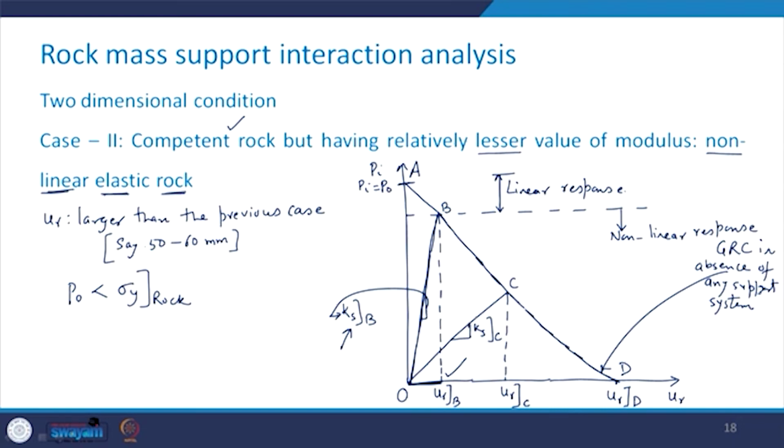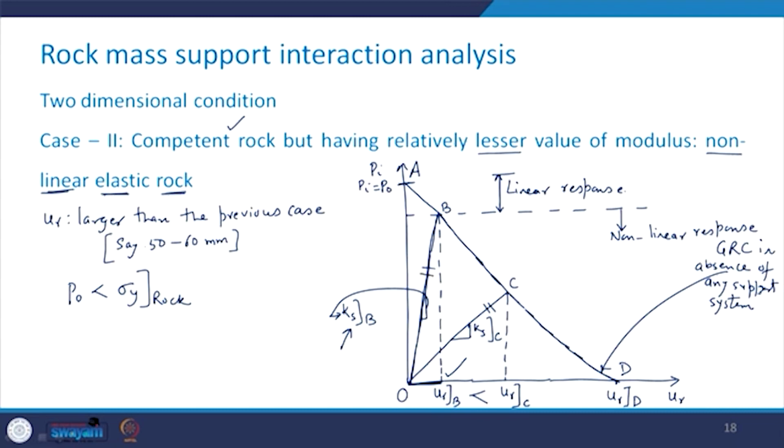As you keep increasing the permissible value of the deformation, like here in this case, you see that Ur at C is more than Ur at B. And you can see that the slope of this line is much less as compared to the slope of this line.